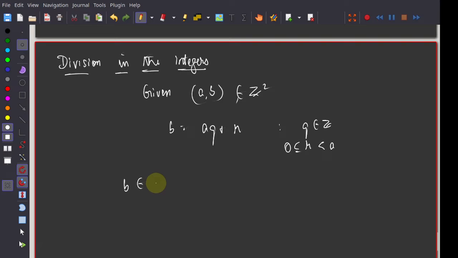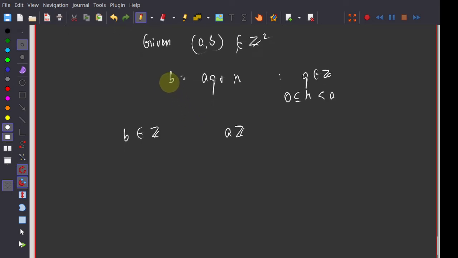So look at b. So b is in the group of integers, right? One way to look at this is in the following way. Let us look at a times Z. So a times Z is a subgroup of Z, right?